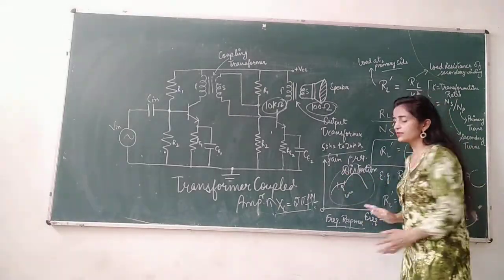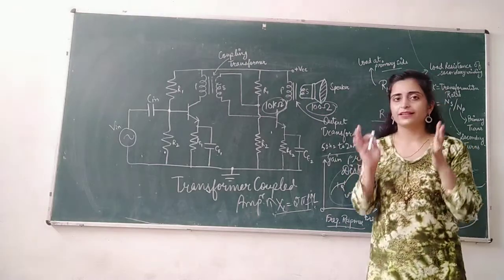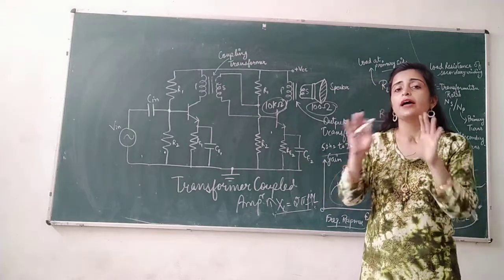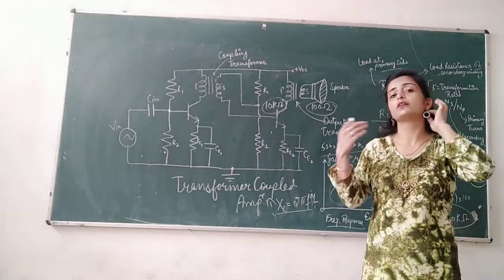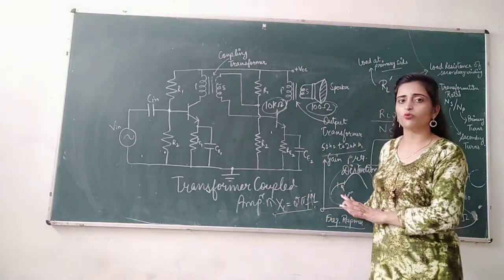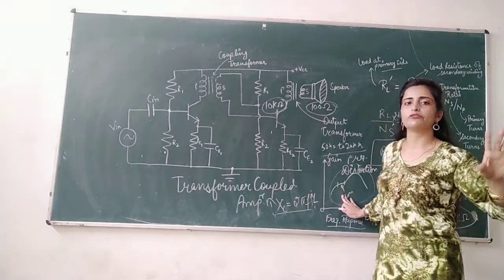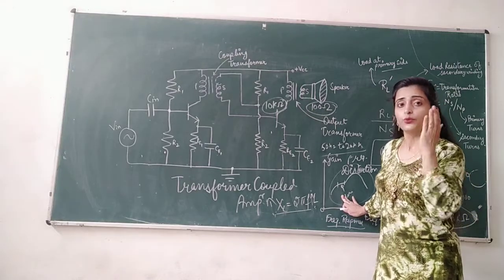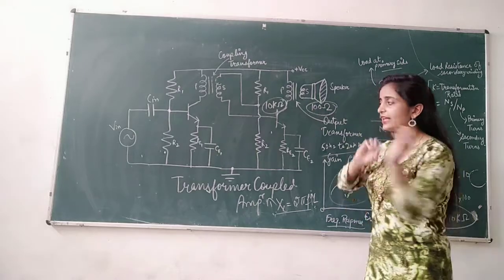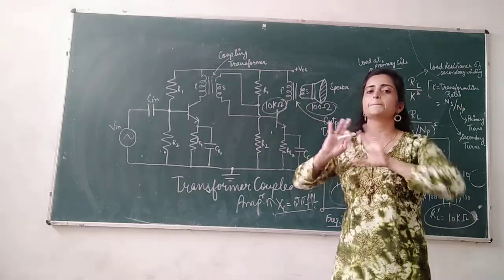So this is basically a distortion. That is why the transformer coupled amplifier cannot be used in circuits where a high gain or a stable gain is required, and it does not provide a stable gain at any of the frequencies. But whenever there is a question of impedance matching, this is the best circuit.